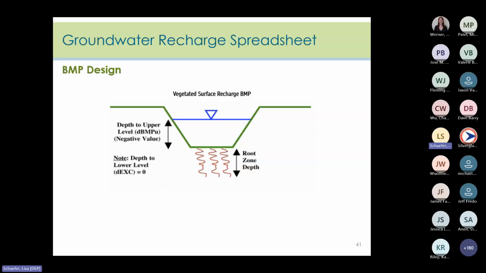The second input is DEXC, the depth of the lower surface of the BMP. In plain language, it's the vertical distance from the vegetated ground surface to the bottom of the BMP. In this case, the vegetated ground surface is at the bottom of the BMP, so DEXC is 0. I'll get to others where there's only vegetation adjacent to the BMP in just a moment.